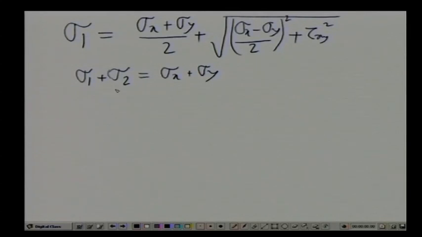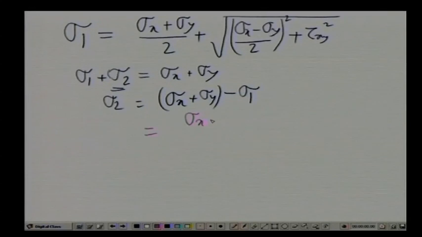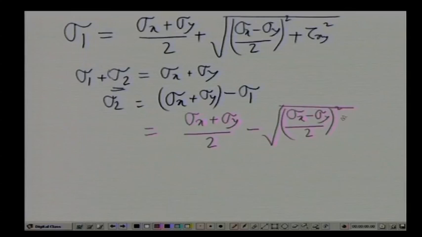Hence, sigma 2 from here is sigma x plus sigma y minus sigma 1, and sigma 1 being given by this, we can write this as equals to (sigma x plus sigma y) by 2 minus root of (sigma x minus sigma y by 2) square plus tau x y square.